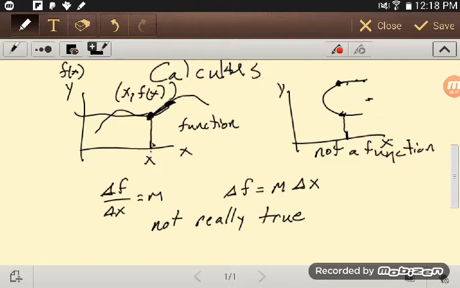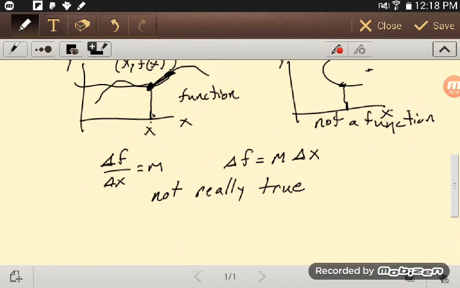We could look at the slope of that line or the slope between those 2 points. Yeah, we can do that, but in a more general sense, this isn't exactly true. Not really true, but we're going to end up using it for small cases. So not really true, but close if delta x is very tiny.